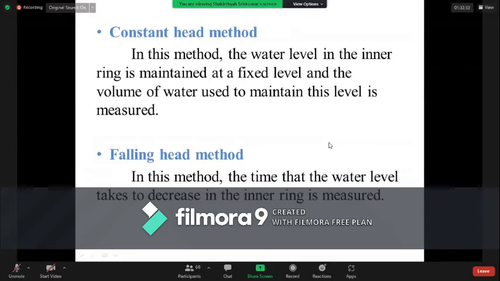In the constant head method, each time we need to refill. So we can select either constant head method or falling head method for the measurement from the double ring infiltrometer.